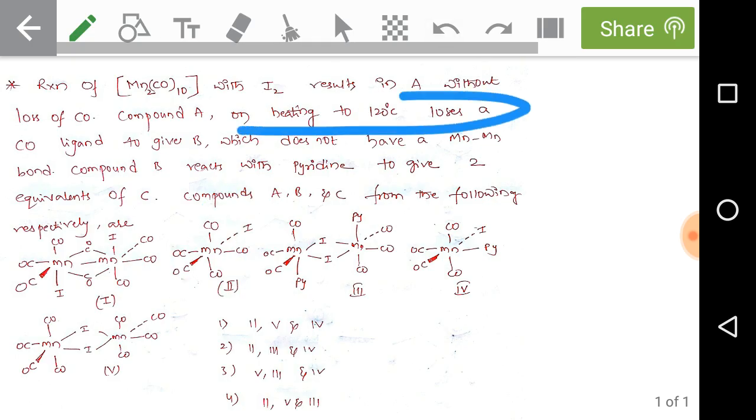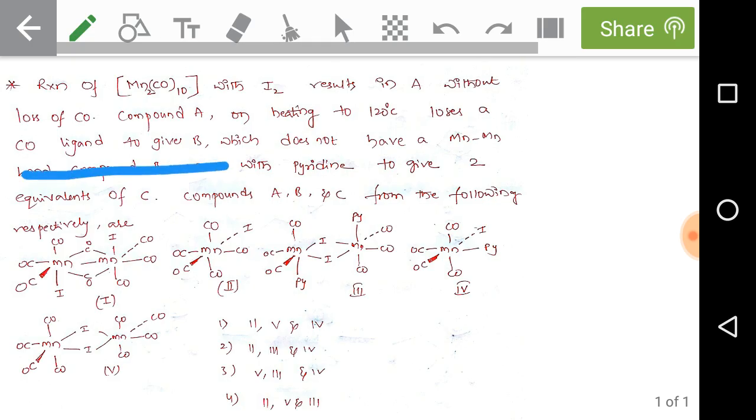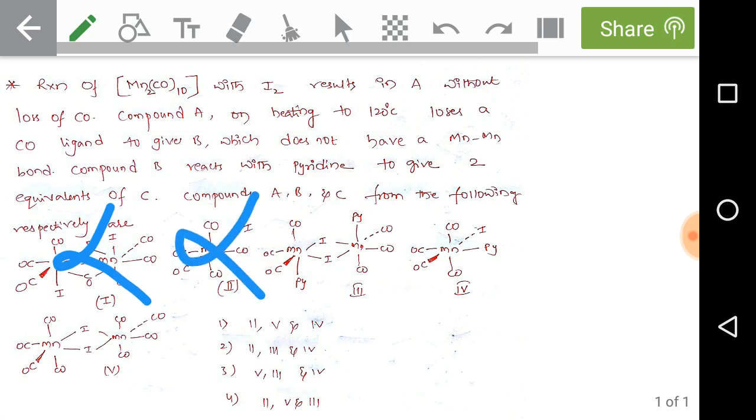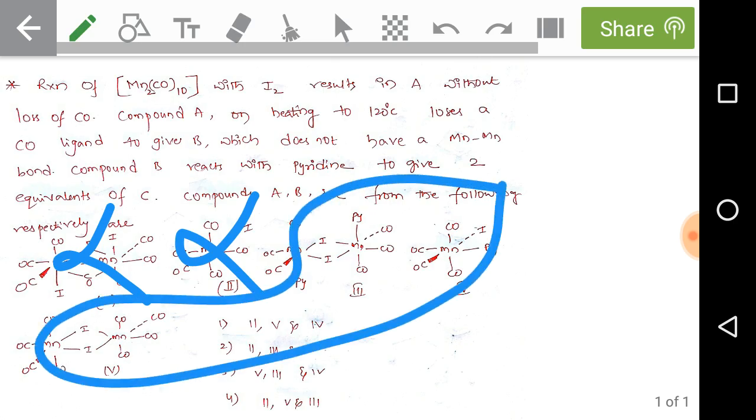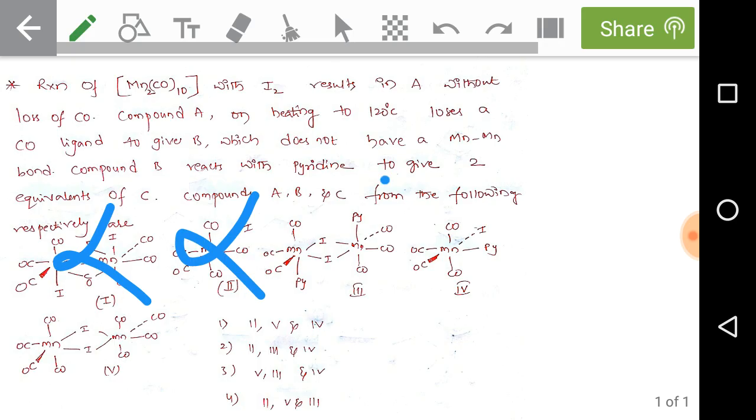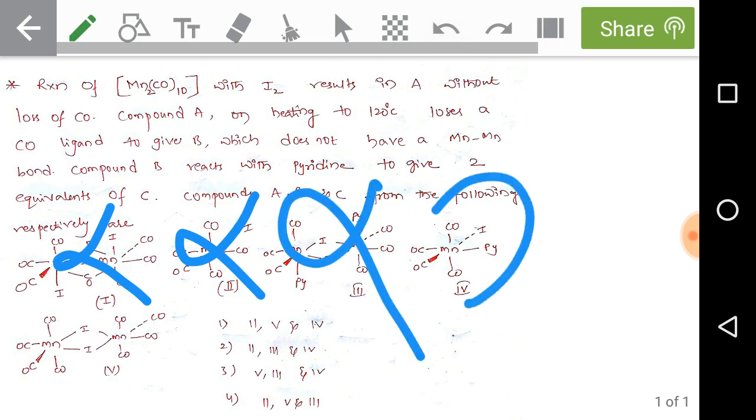Now compound A on heating to 120 degrees centigrade loses its CO ligand to give B, which doesn't have a manganese-manganese bond. Option A has a manganese bond, so we can eliminate it, and the second one is also eliminated, because we have already found that compound as A. Now we have these 3 compounds. The third one has pyridine in it, but there is no possibility of pyridine in the reaction of the first complex with iodine and the subsequent heating, so we can eliminate this one too, leaving these 2.